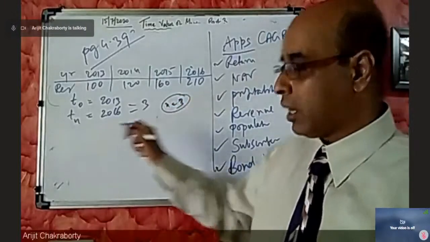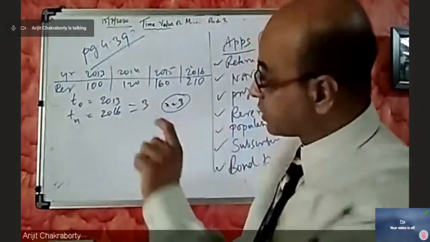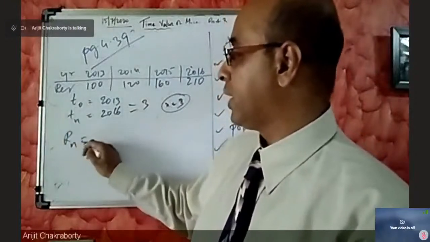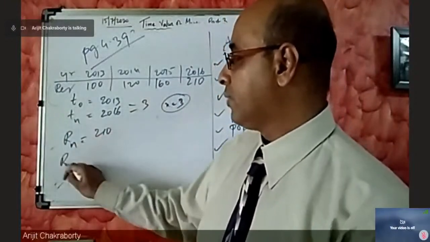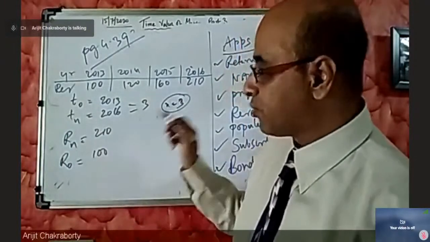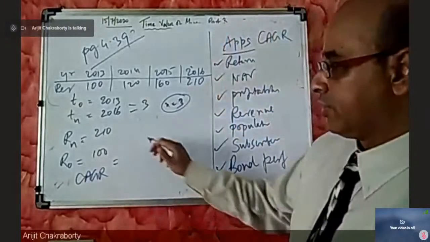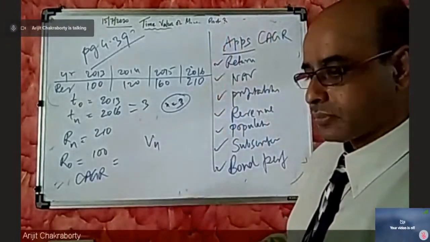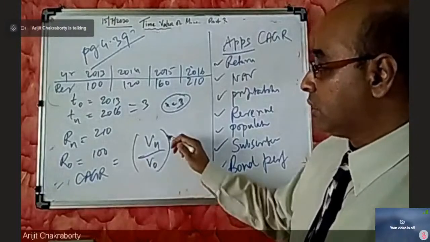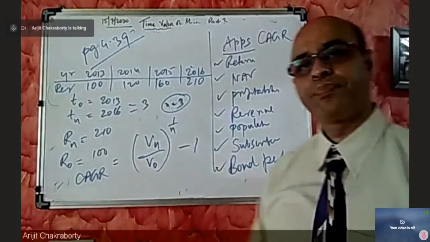Now the revenue in the nth year is 210 and the revenue in the 0 year is 100. So the formula of CAGR is the value in the nth year by the value in the base year, 0 year, to the power 1 by n, minus 1.